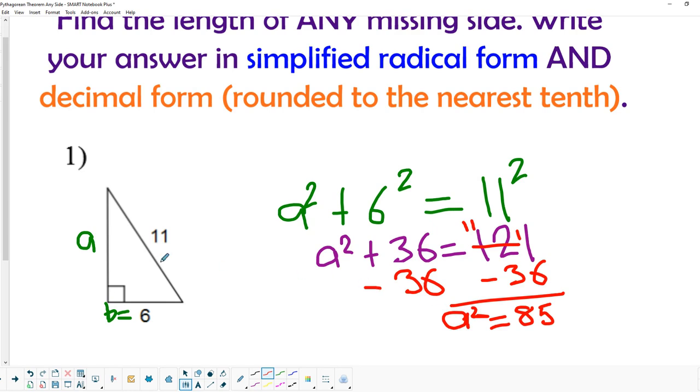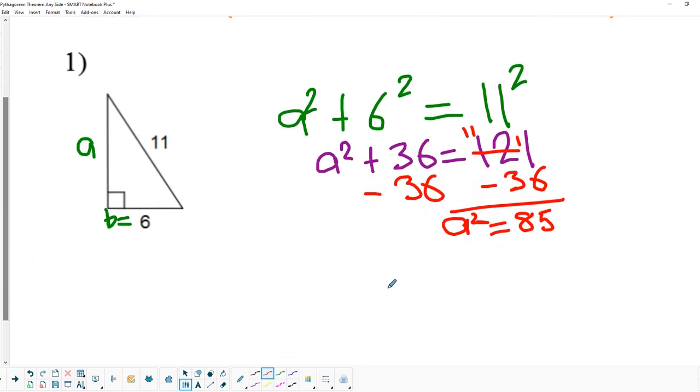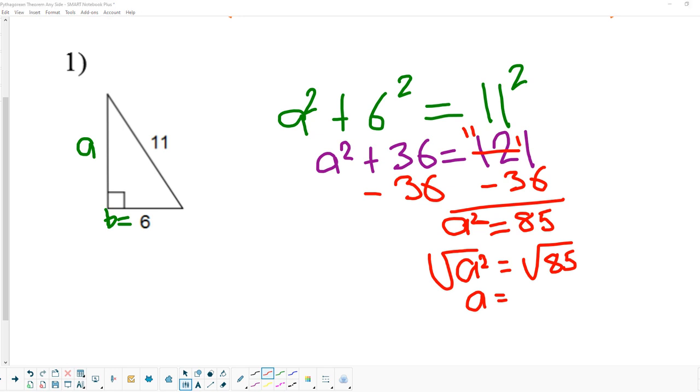To find my final answer, I just need to take the square root of a squared and the square root of 85. And that will give me a. For the square root of 85, I'm going to use my calculator. You probably won't see it on the screen, but you can try it on your calculator.